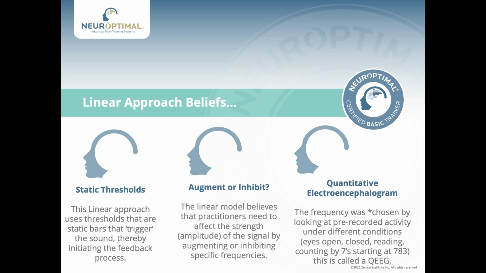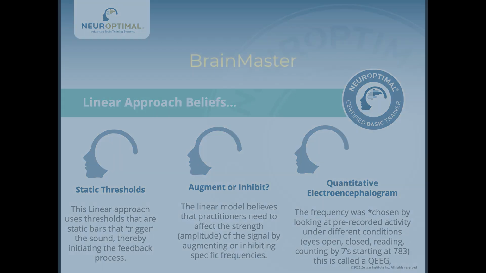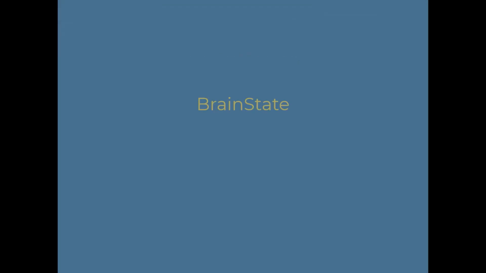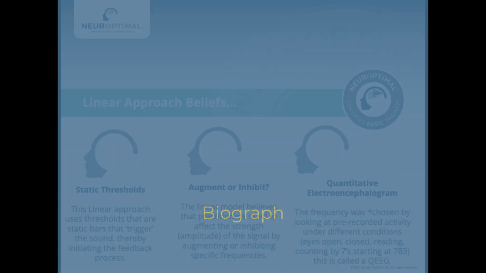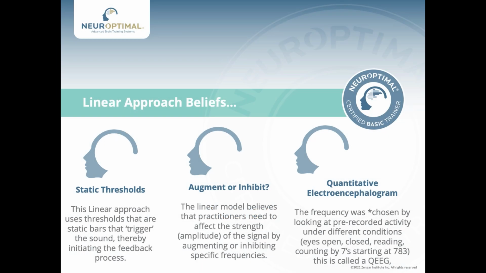So when people come into your office, it's going to be really important that you're able to say, I understand that you used, and you could list many different kinds of linear models, whether it's Brain Master or Brain State, or multi-trace or Biograph, or there's a lot of different processes out there that are linear models.